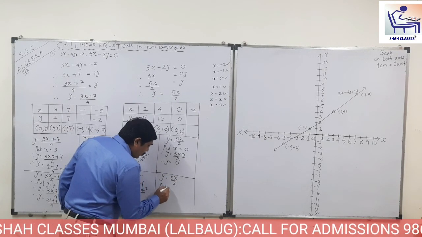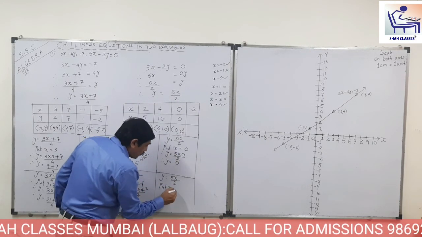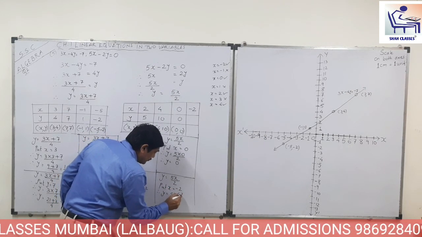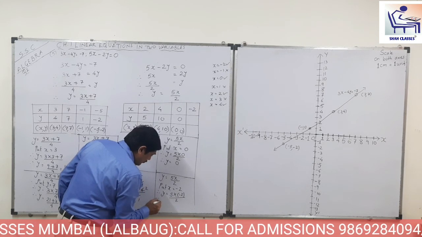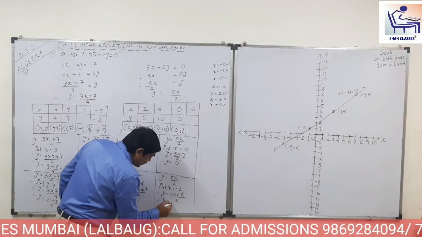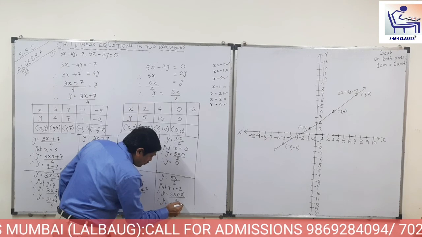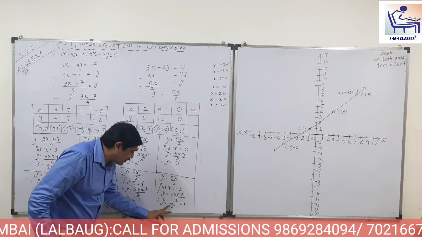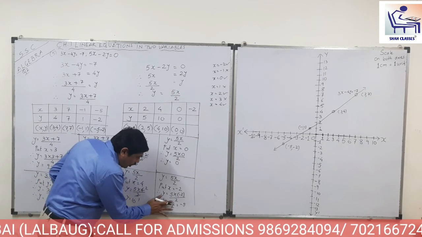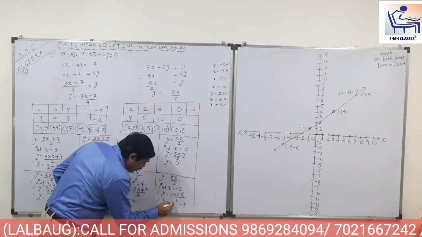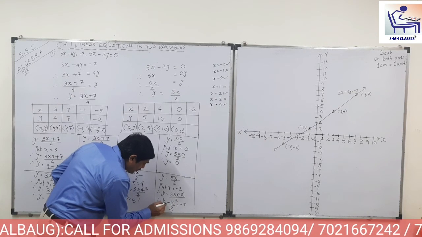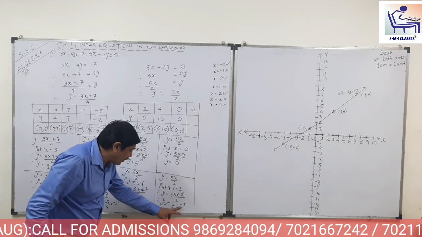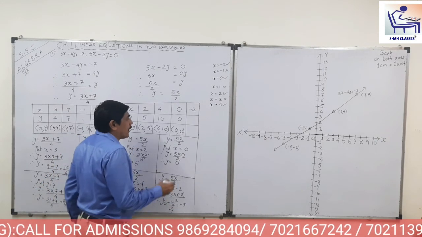Now take the fourth value. Put x is equal to minus 2. Minus 10 upon 2. So we are getting minus 5 2s are 10, but the minus sign is there. You can see clearly, I am writing again minus 10 upon 2. So 2 1s are 2 and 2 5s are 10. So we are getting the value of y as minus 5.